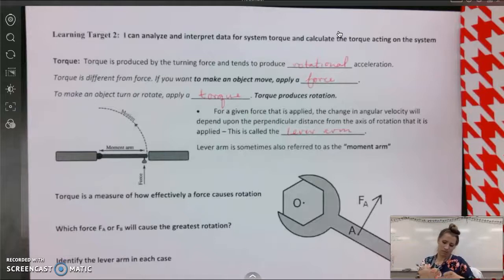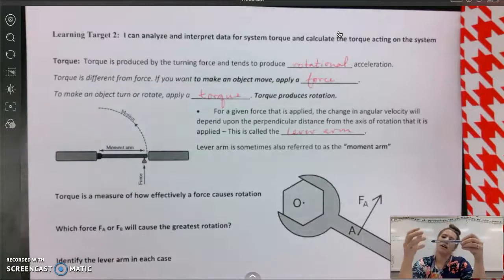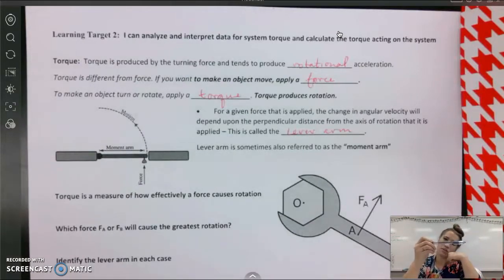I have my pen here, and I'm going to hold onto this pen and do everything I can to resist motion of this pen. I can apply a force, so on this side I'm going to push on the pen. I'm pushing quite hard, but the pen is not moving, because we are resisting that force.